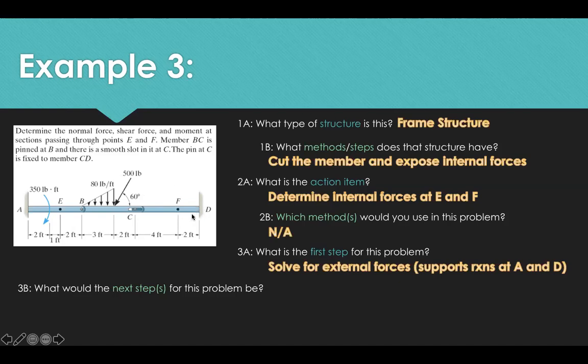Because when you cut something, you expose all three unknowns at that cut. So at point F, I would look at it from this side because you'll have one force up, one force down and a moment, and then here you'll have one force down, one force up and a moment. That would be the simplest way to do it.